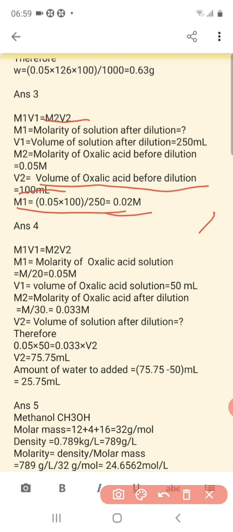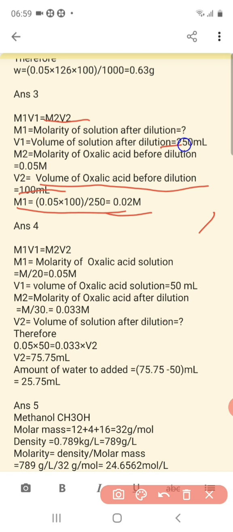So you have to utilize this equation for diluting any solution, if the molarity of the solution and the volume of the solution before dilution are given, as well as the total volume of the solution after dilution, such as 250 ml.